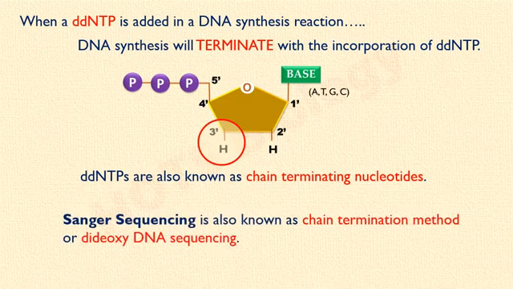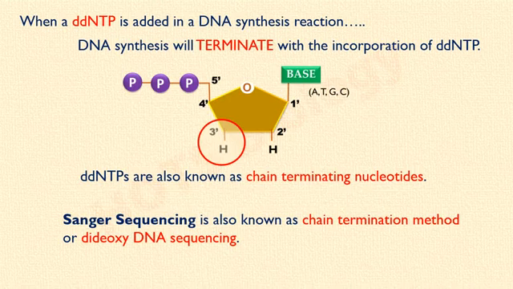And, the Sanger technique is also known as the chain termination method or dideoxy DNA sequencing. So, if the concept of dideoxynucleotide is clear to you, it will be easy to understand the procedure and interpret the results of the Sanger sequencing technique.